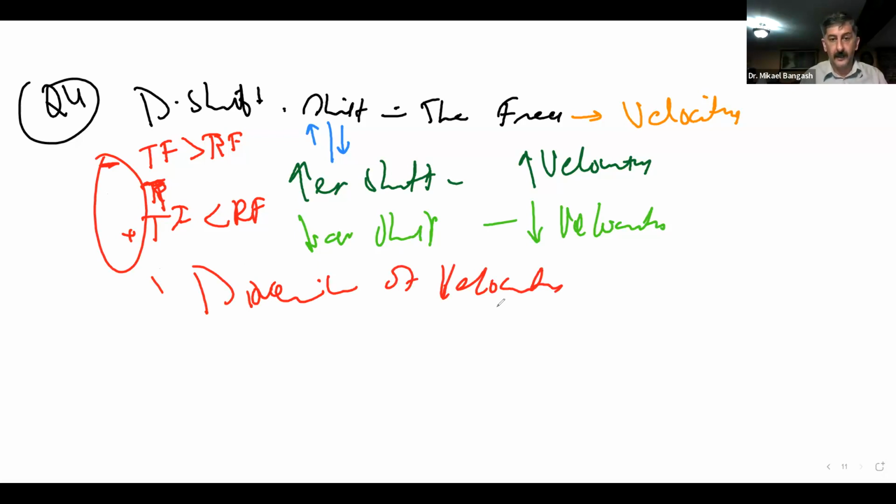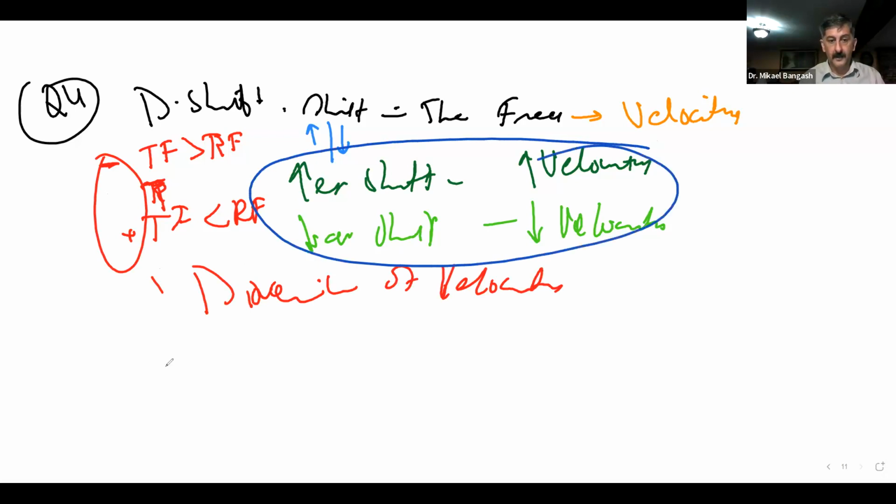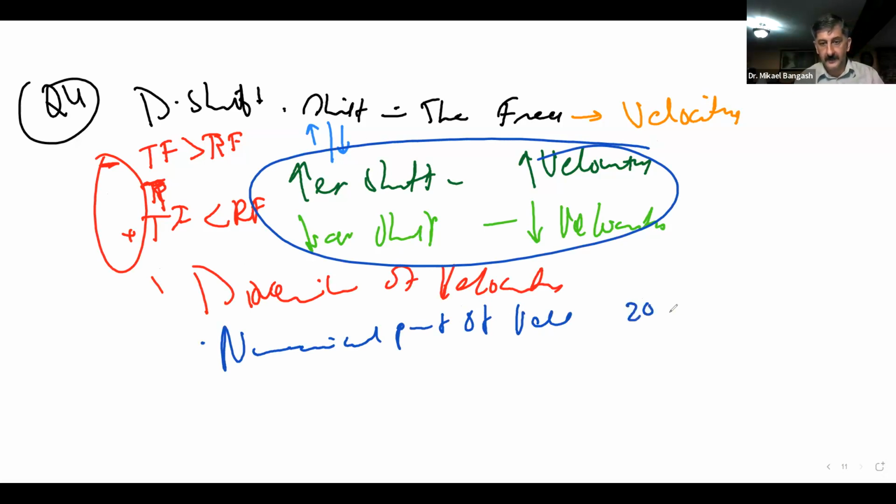Where we can say this becomes the numerical part of velocity. Where it will be any certain number, we can say 200 miles or 20 miles per second, for instance.